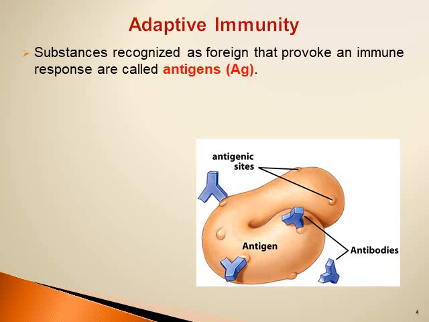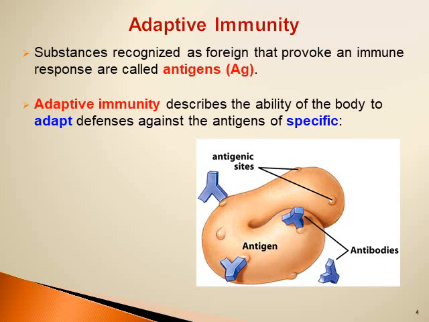Substances that are recognized as foreign and provoke an immune response are called antigens. Here, as you can see, we have a microbe that has antigens on its site, and to these antigens the antibodies that are produced by the immune response can attach.